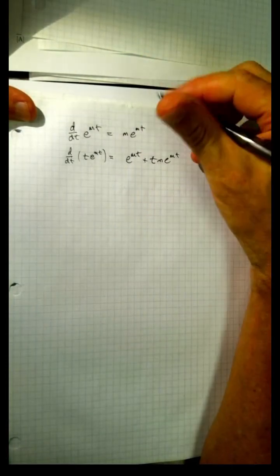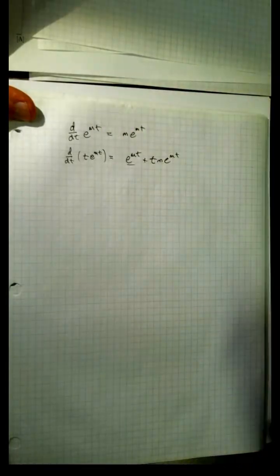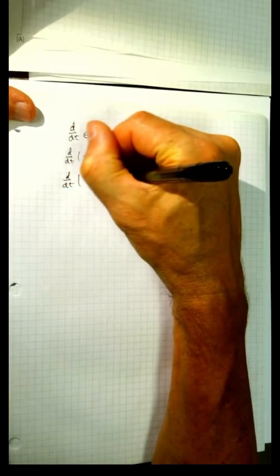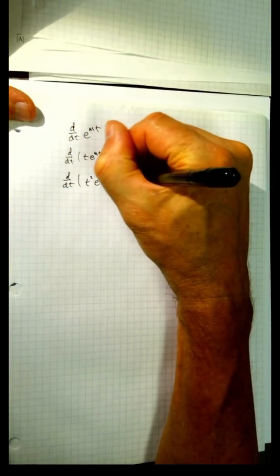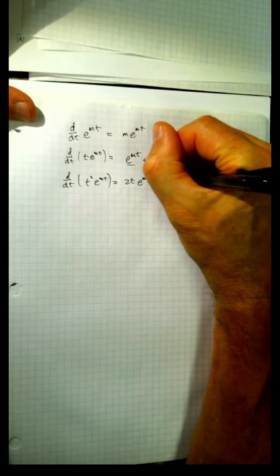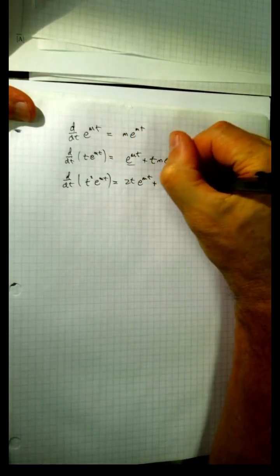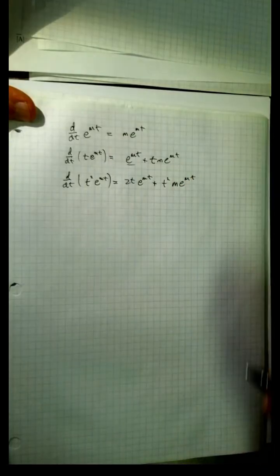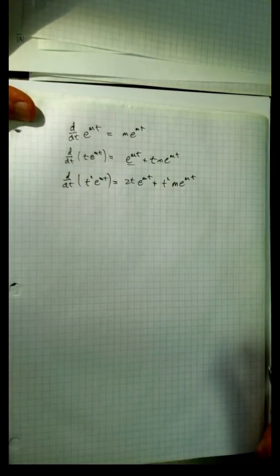So notice if I do this, I'm going to get something that looks like t e to the mt, but I've got this extra piece associated with it. Likewise, if I have t squared e to the mt, the derivative of t squared is 2t e to the mt, and then the derivative of the second thing is still m e to the mt. So we're just using the product rule.